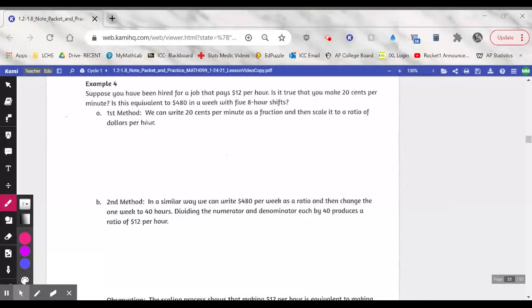In the first method, they said we can write 20 cents per minute as a fraction. So 20 cents for every 1 minute. We can write that as a fraction and then scale it so that we have dollars per hour. We don't know how many dollars per hour it's going to be, but we can think that 1 hour is equal to 60 minutes.